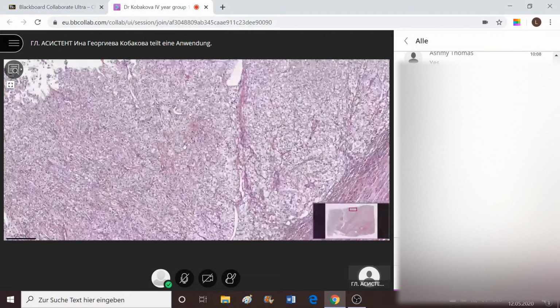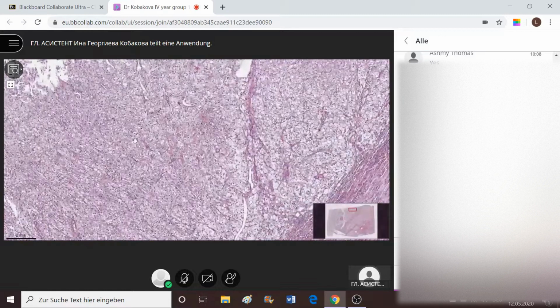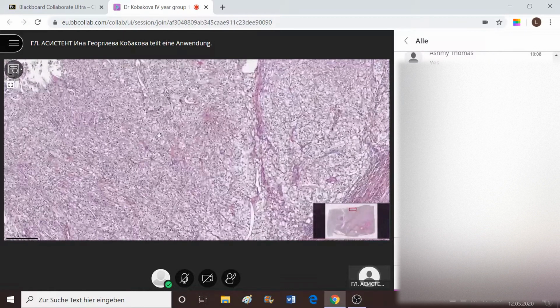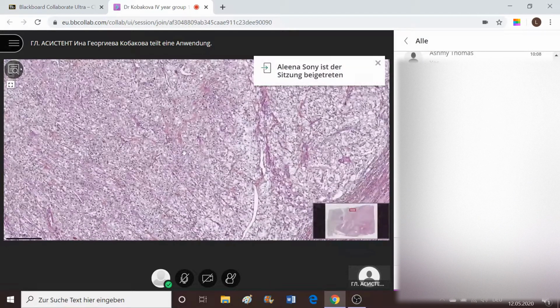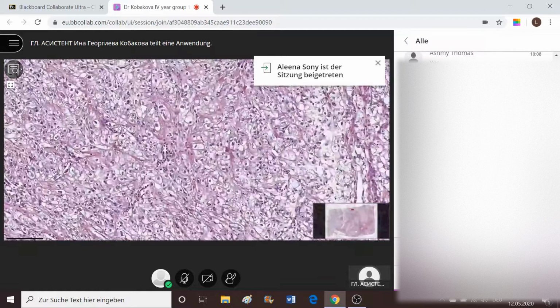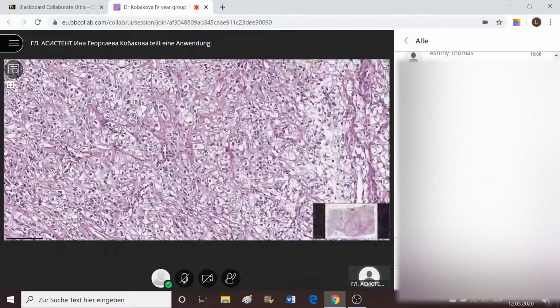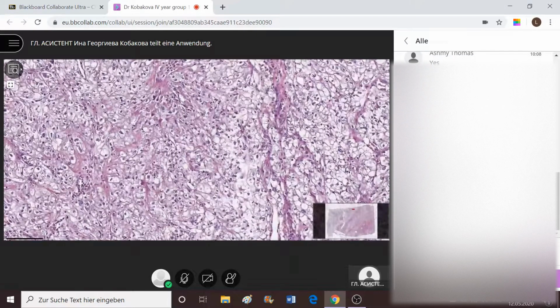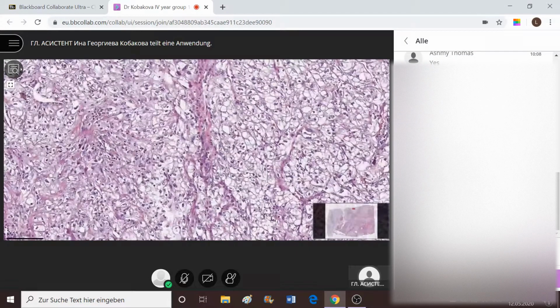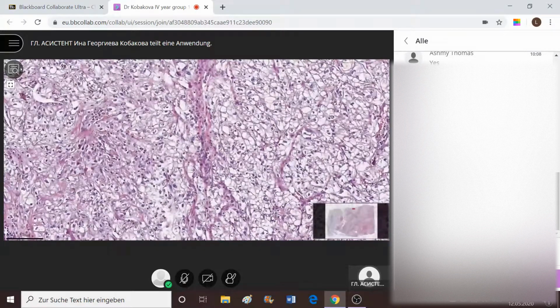As far as you can see, these cells are trying to form something like tubules. They are forming roundish structures, and in between them, there is not much stroma, which might be either fibrous strands or small fibrotic strands which are suffering hyalinization.